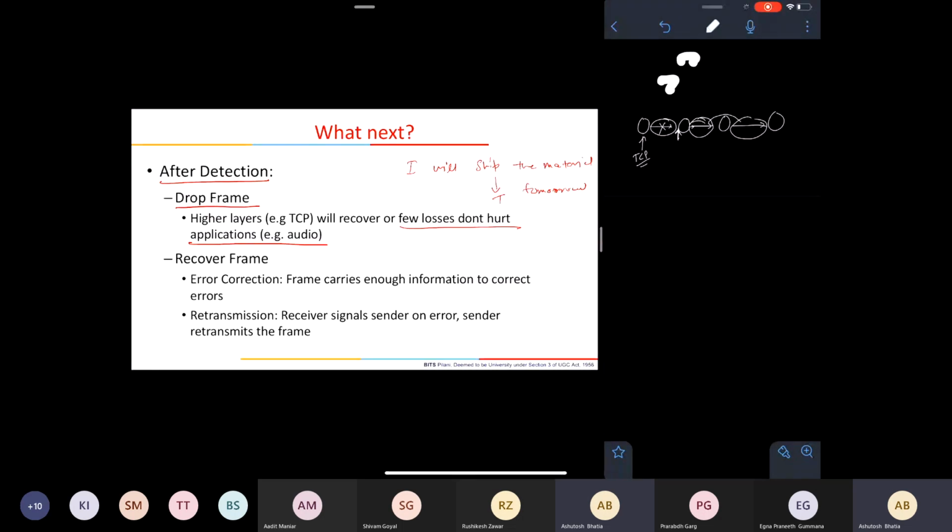So for recovery, you have two options. You recover the frame, which means you perform some kind of error correction technique. That means the frame itself carries some redundant information, so that even if it is in error, you can somehow recover the correct message. However, always remember that this will happen with a certain probability.